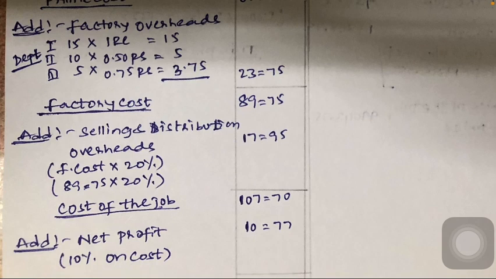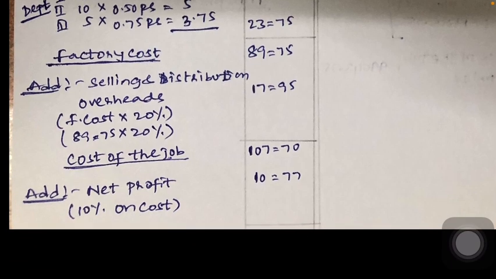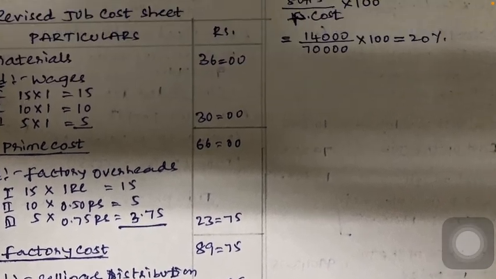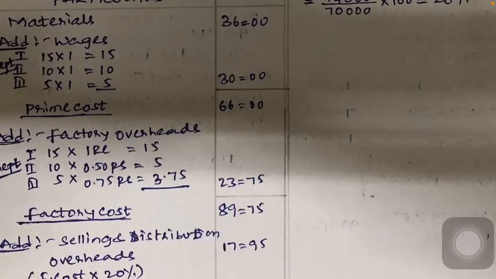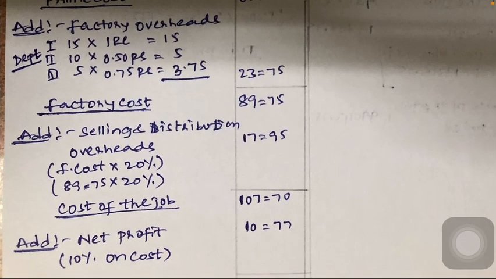So total cost of the job is 107.7 and net profit is 10% on cost, 10.77, and selling price of the job is 107.7 plus 10.77, which is 118.47. 118.47 is the job price. This is how we have to complete this type of sum.